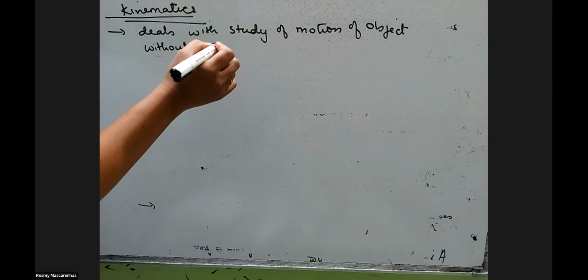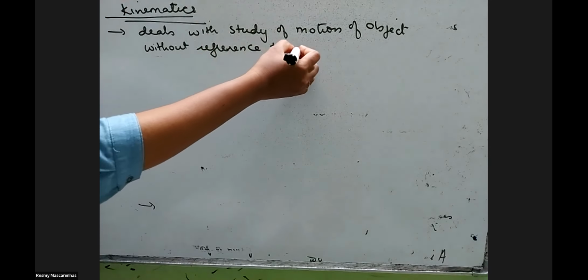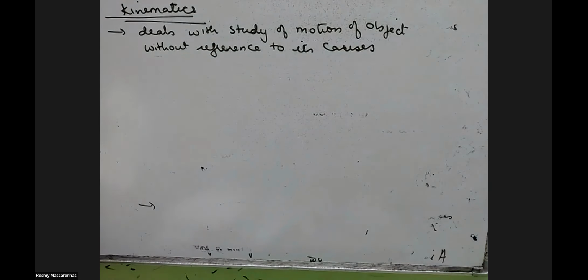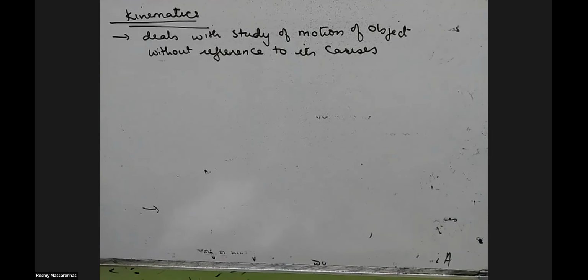We don't want what causes the motion, just the velocity and all of the motion. Under linear, we had studied the kinematic quantities: acceleration, displacement and velocity. These are the three things we had seen in linear. The only difference here is we'll see it in terms of rotational now.